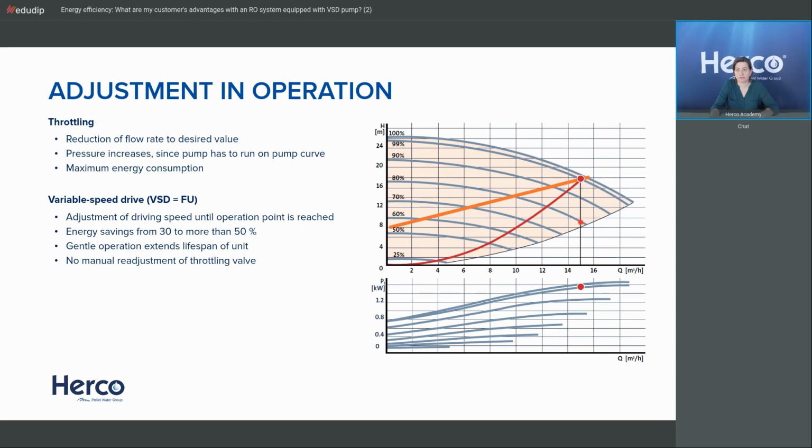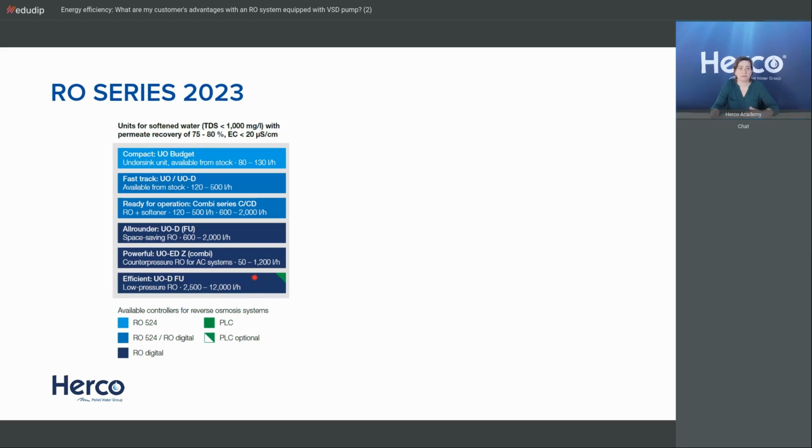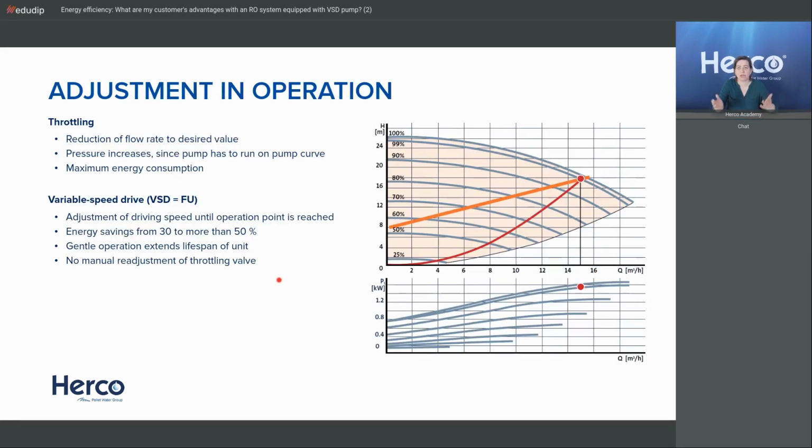You see here, let's say we go down to 80%, or here we go down to 60%, and we adjust it until we reach the operation point, okay? We have also an extension of the lifespan of the unit and no manual readjustment. So, just to recap, this is technically how throttling valves and the variable speed drive work.